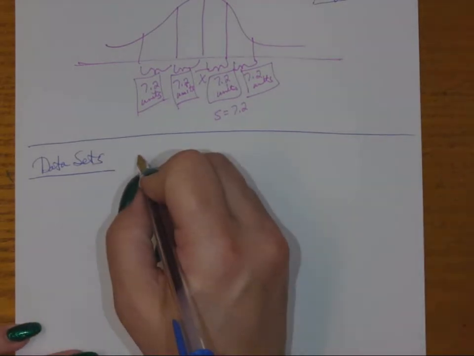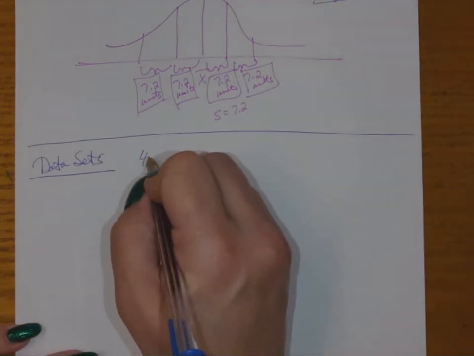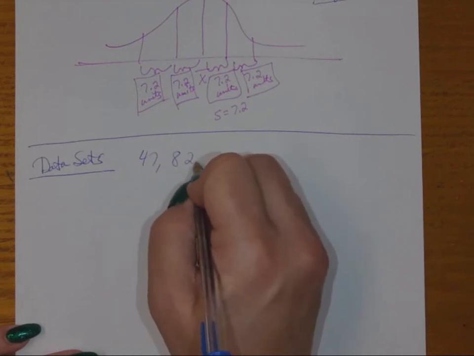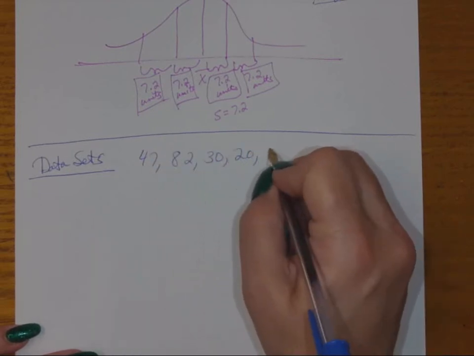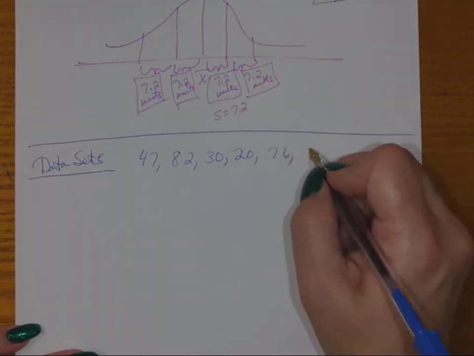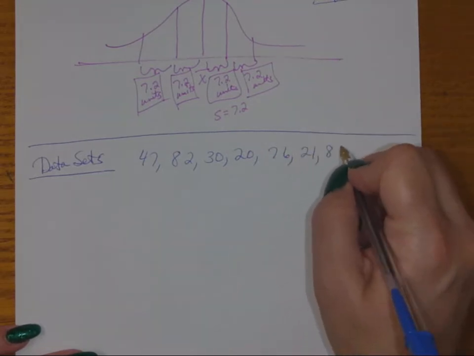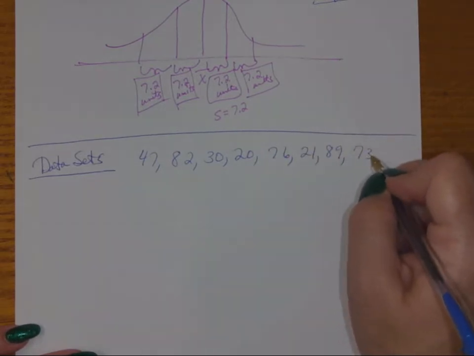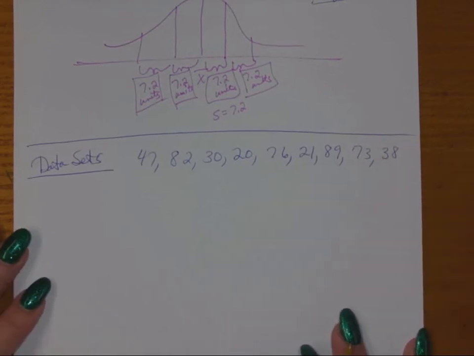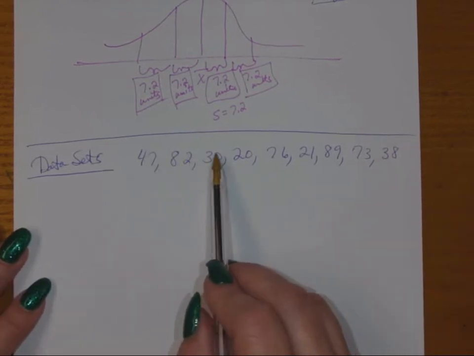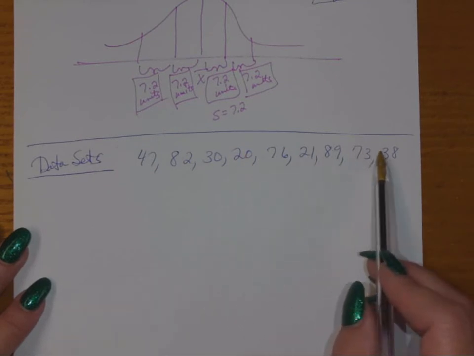So the first data set I have is 47, 82, 30, 20, 76, 21, 89, 73, and 38. Okay, so it's kind of a big data set. It's not huge. 1, 2, 3, 4, 5, 6, 7, 8, 9.